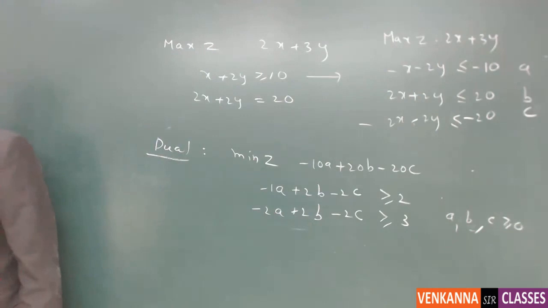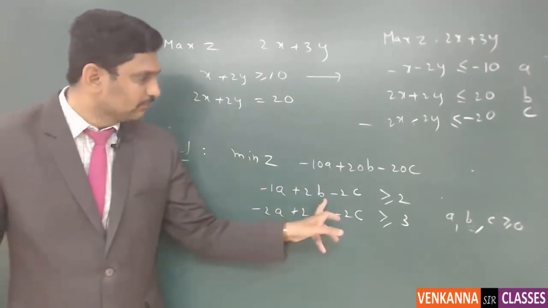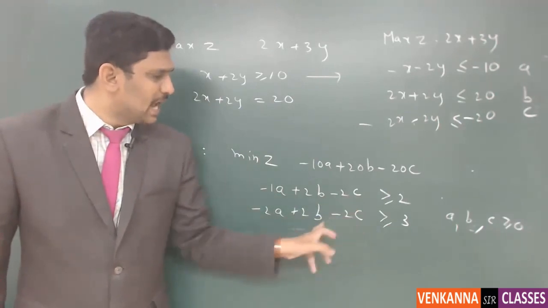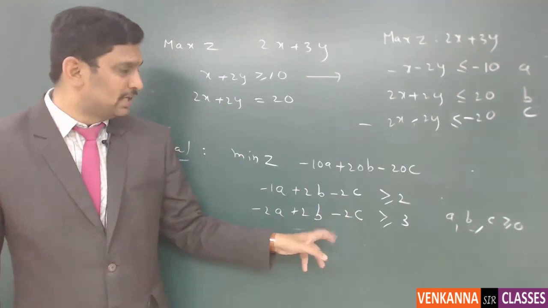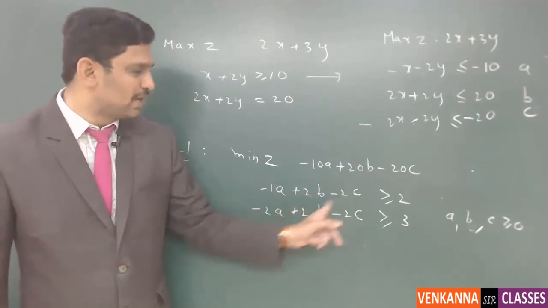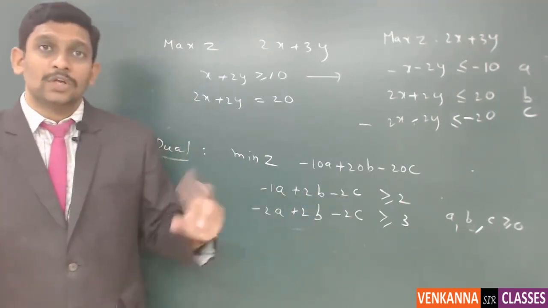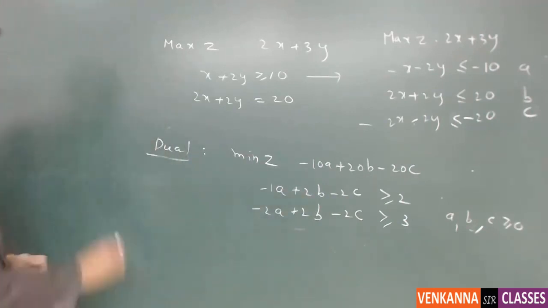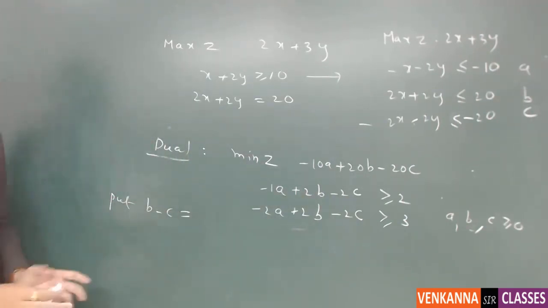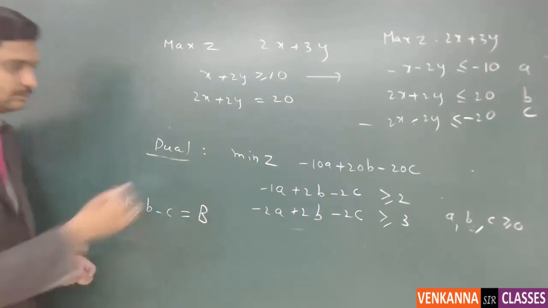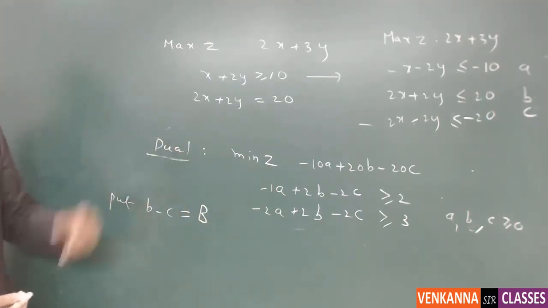Now you can further modify the setup. It contains b minus c and b minus c as fixed, and you can observe that they have the same coefficients plus 2, minus 2, plus 2, minus 2. So for convenience, you can put b minus c equal to, say, b. So how will it look?